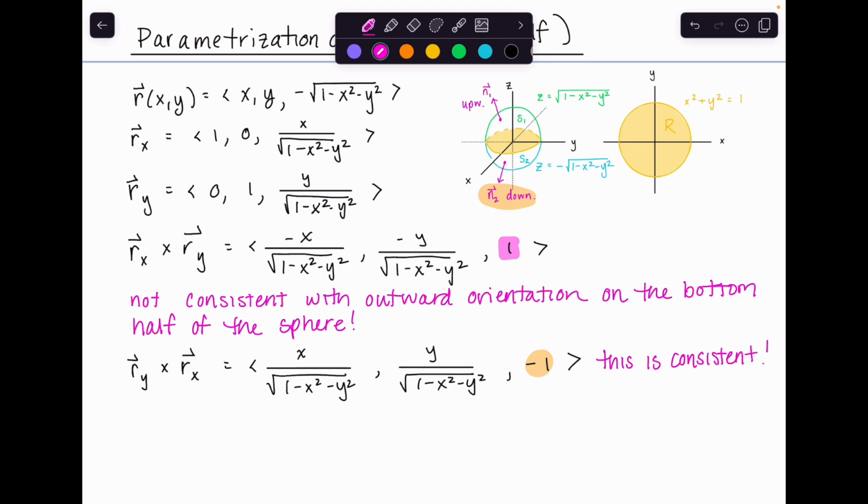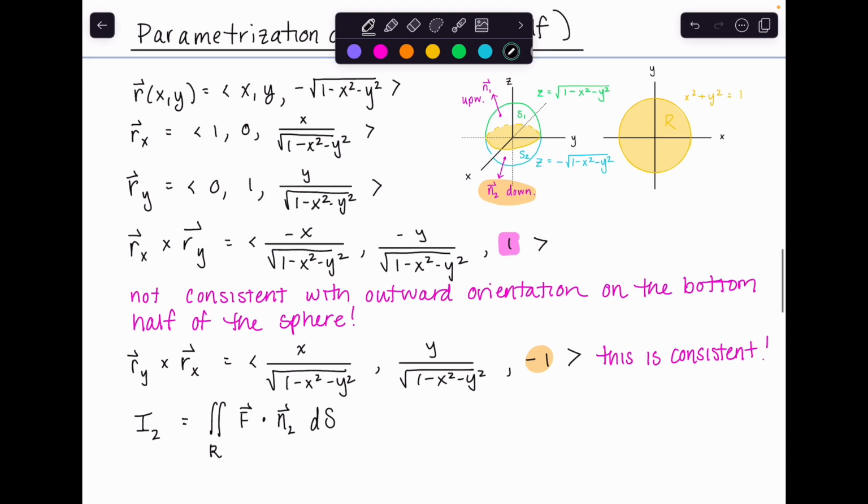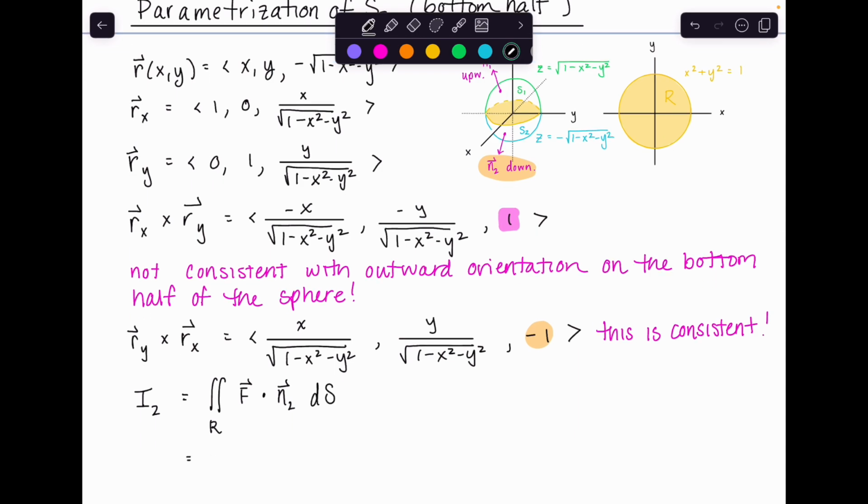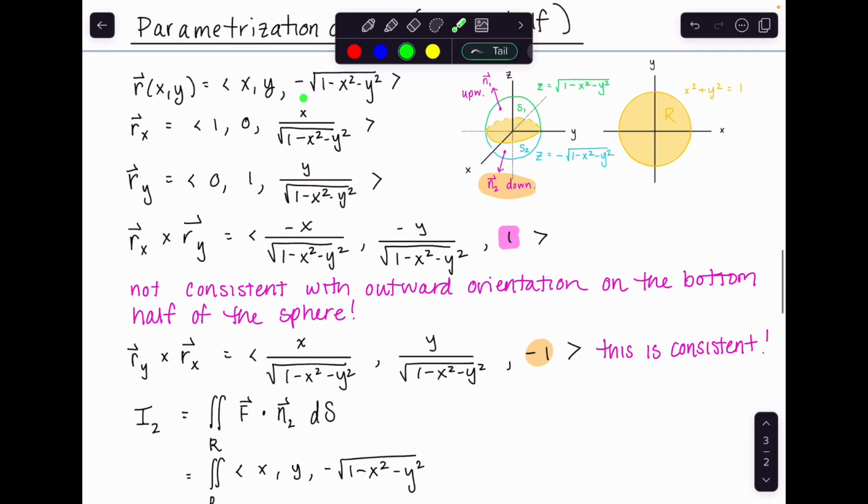So we're doing good. So what ends up happening is when I go to actually evaluate the surface integral, which is a double integral over this region R of F dot this normal vector instead, what you end up with is a double integral over the region R. F is xyz, so this is x, y, and then the z component is the negative square root from right back up here.